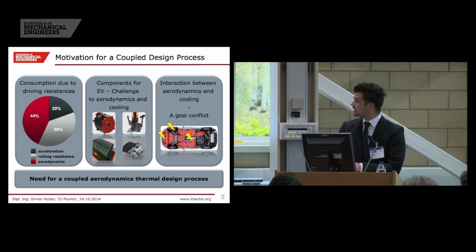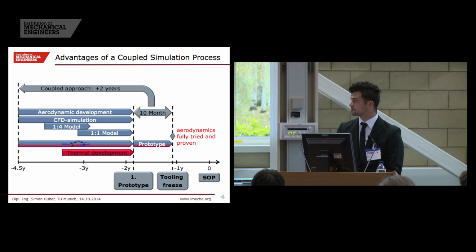Second, the wheels: the brakes have to be cooled. And also the flow through the car is a goal conflict. So we need a coupled aerodynamic design process if we want to consider all these problems.